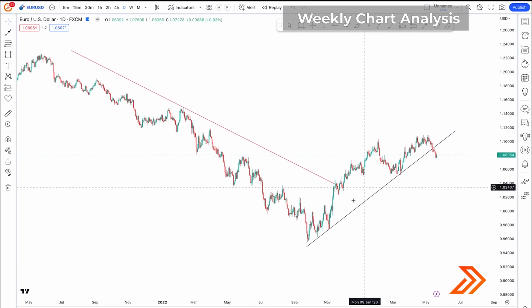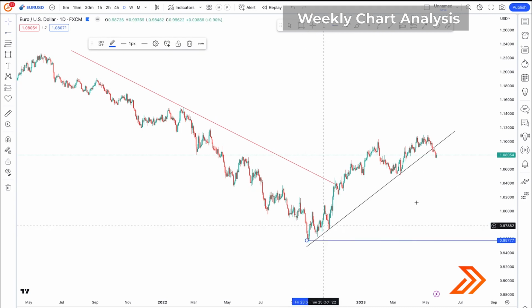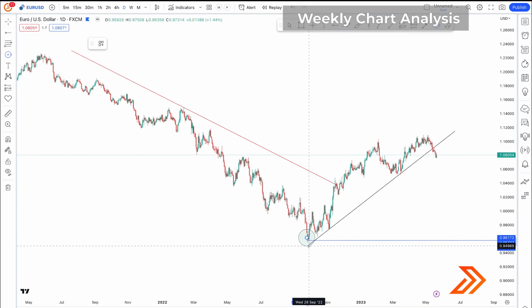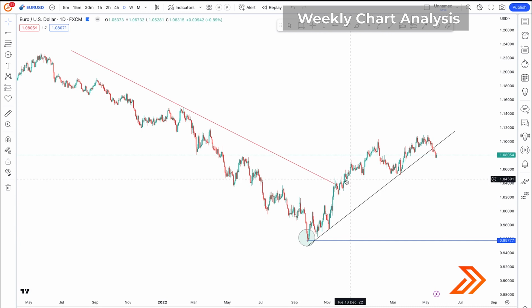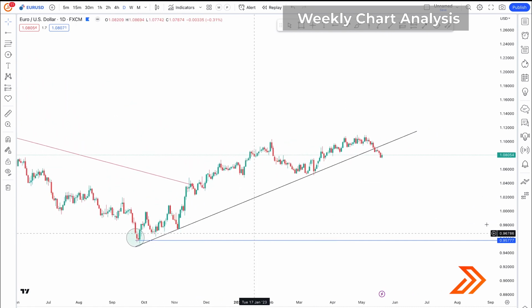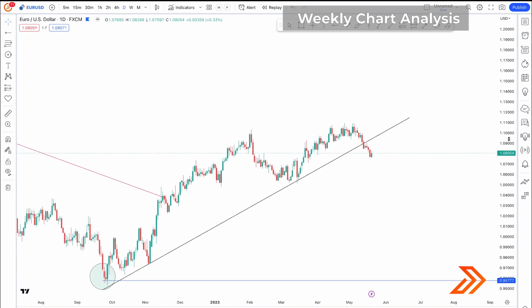And then at this peak, at this zone here on EUR/USD, we had price moving back up, a change which signified more of a change of trend on the euro dollar.